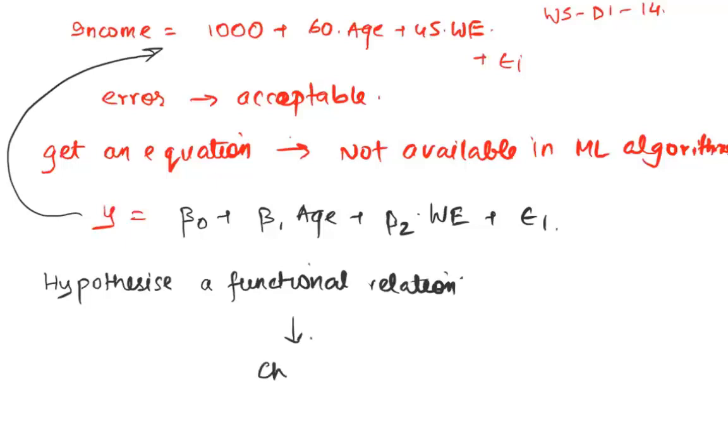You then check it against available data to see if the functional relation that you have hypothesized, that this is how age and work experience are related to income, is a functional form that works for us or not, whether it has decent error or not. So this is how any statistical algorithm goes.